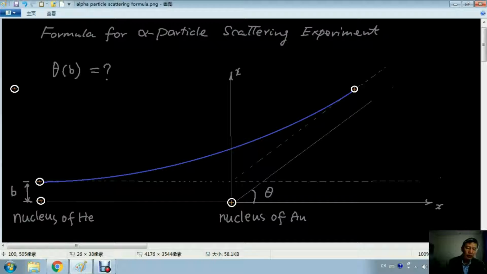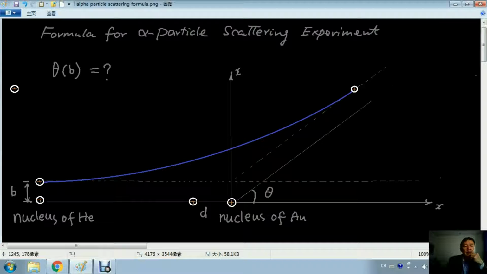That is why in the alpha scattering experiment, Rutherford first observed some particles actually reflected by the heavy nucleus of gold. So in this case, the scattering angle will be pi.